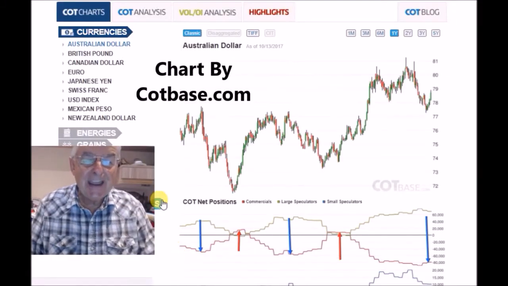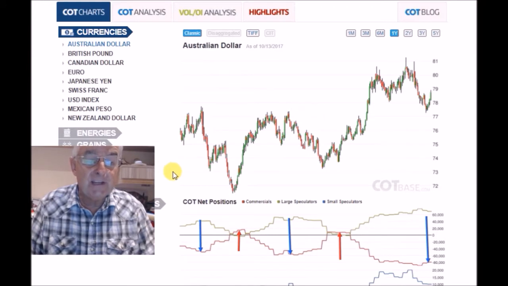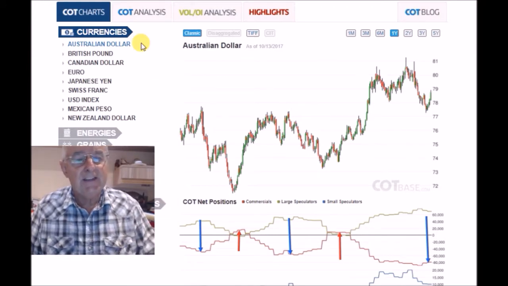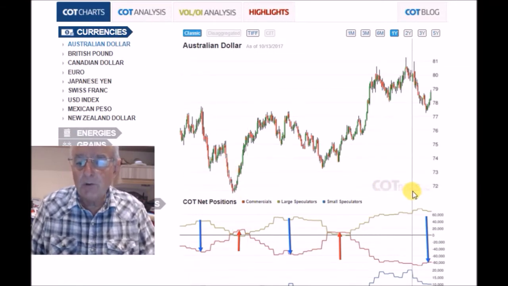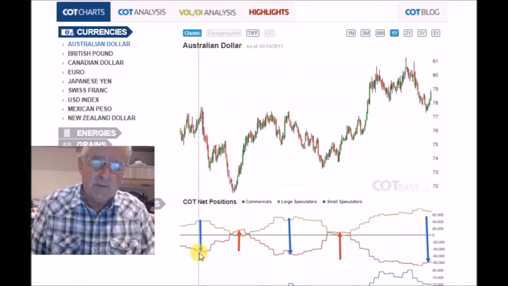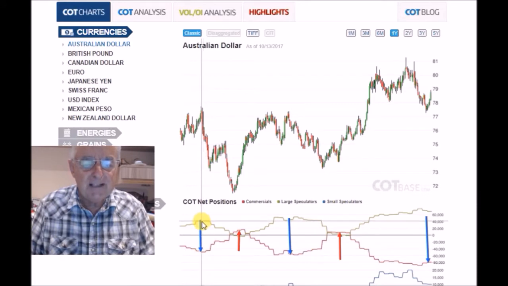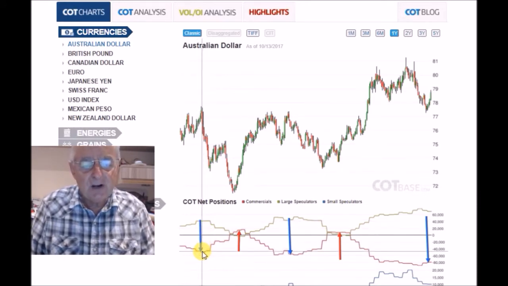Here we have a graph of the positions over 52 weeks, that's a year, for the Commitment of Traders of the commercials and non-commercials. This is for the Australian dollar. This chart is produced by cotbase.com. You can see here where we got to a low position with the commercials, and we're completely opposite to the speculators, who've got a long position, so we're short.